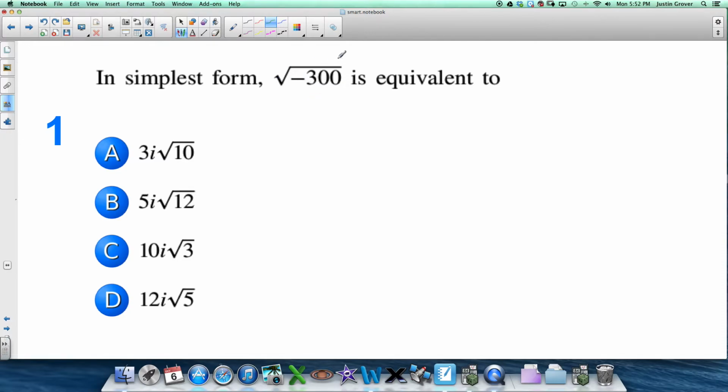So simplifying the square root of a negative number is really not that much harder than simplifying the square root of a positive number. For example, say we thought of this as just the square root of positive 300. We would think of two numbers, 100 and 3, one of which needs to be a square, and the square root of 100 is 10, so we'd end up with 10 radical 3.